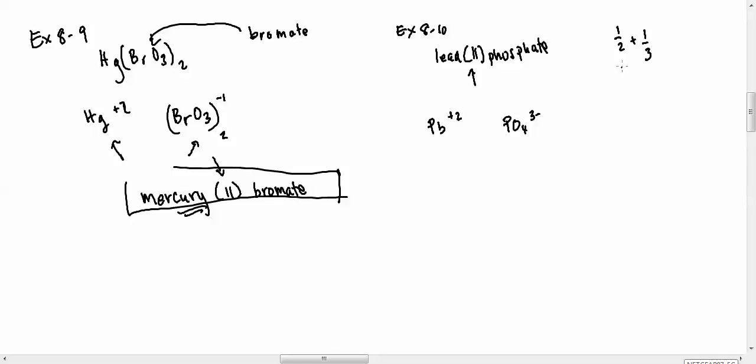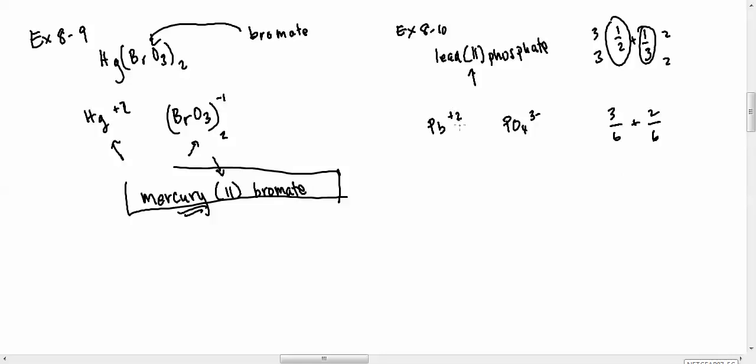Well, that would be 6. So if I wanted to make this denominator 6, I would need to multiply the top and the bottom by the number 3, and so I have 3/6 plus, over here I'd have to multiply the top and bottom by the number 2, so 2/6. And then I can add them together because they have the same denominators.